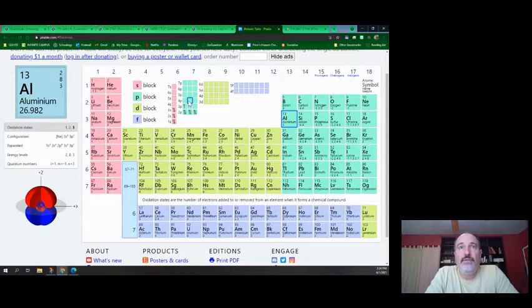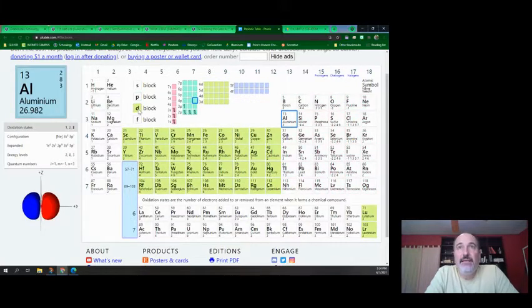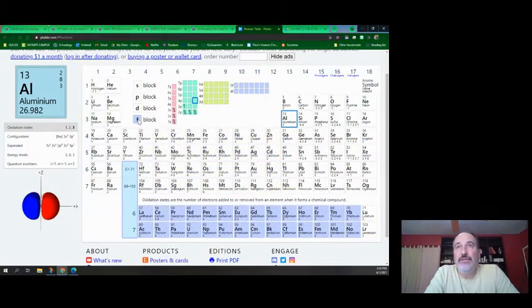If it is one of the p's, they can hold a total of 6 electrons. If it's a d, they can hold a total of 10 electrons, and they can hold a total of 14 electrons if it's an f, all right?